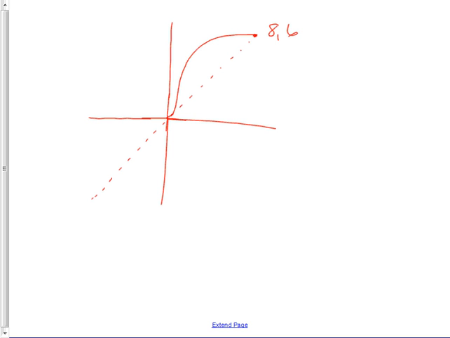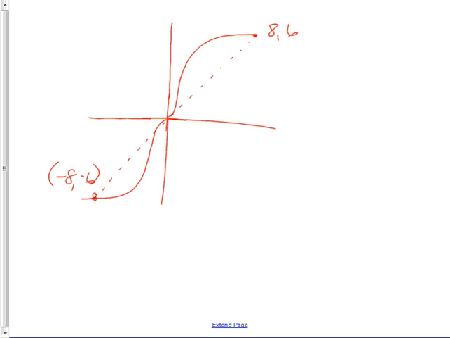Okay, so maybe it's more like here. What point would have to be on it? Negative 8, negative 6. Make sense? Now I can finish the sketch here and say, okay, it generally looks like that. All right, so that's odd symmetry.